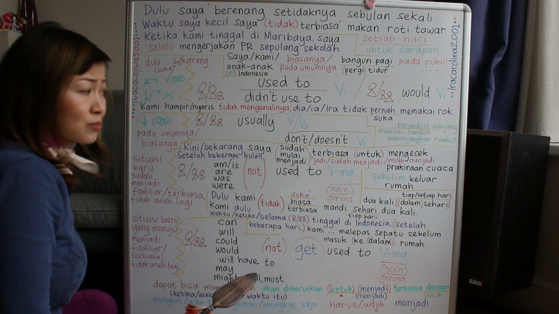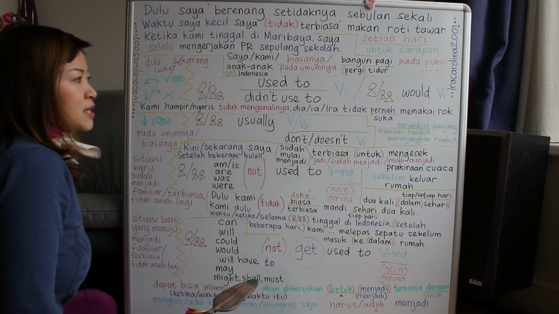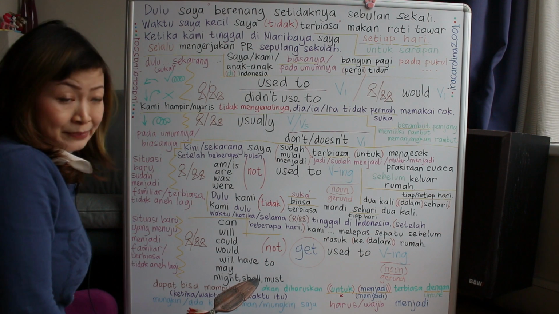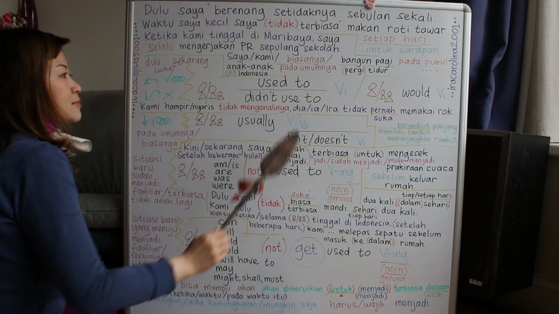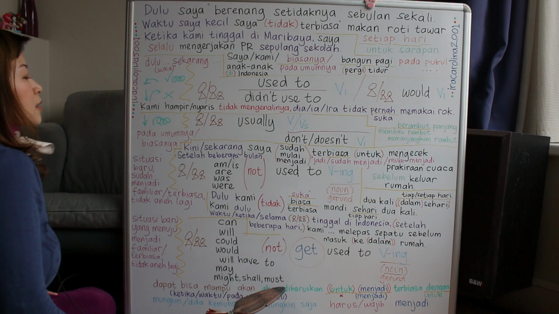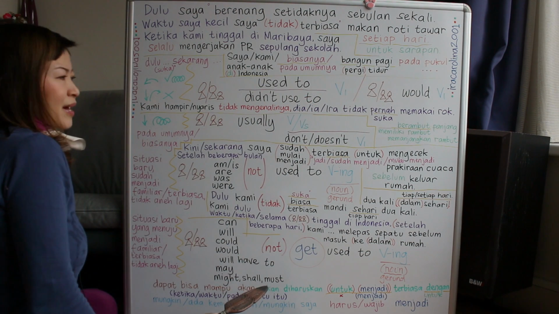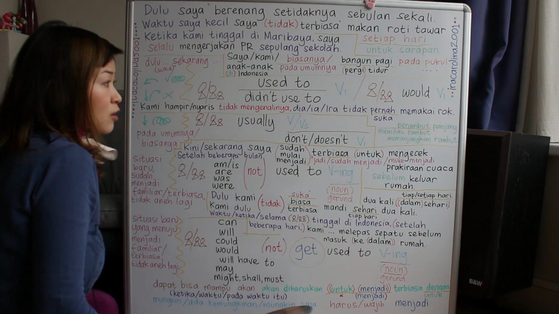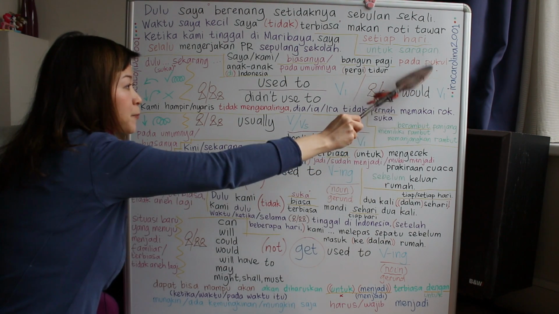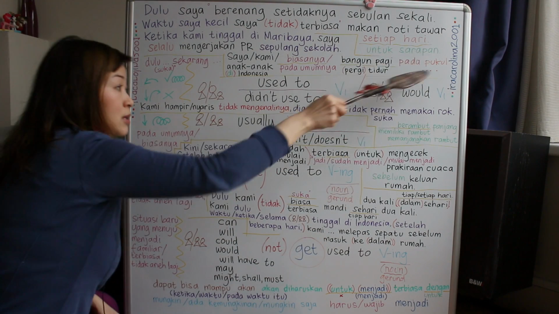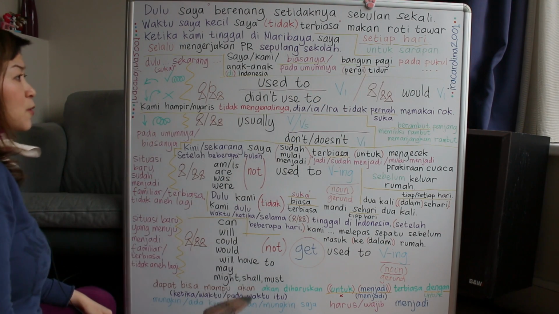Pergi is go, pergi tidur, go to sleep. Same, pada pukul, at what time? The pukul is o'clock, so you put the time here. We already learned about this in the previous video, about time.